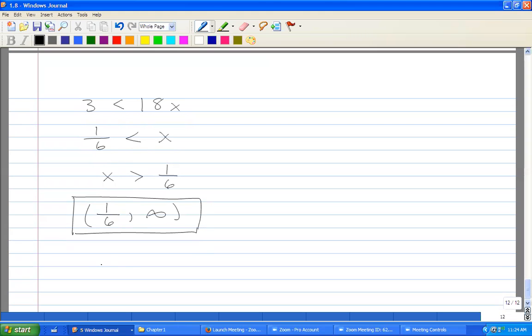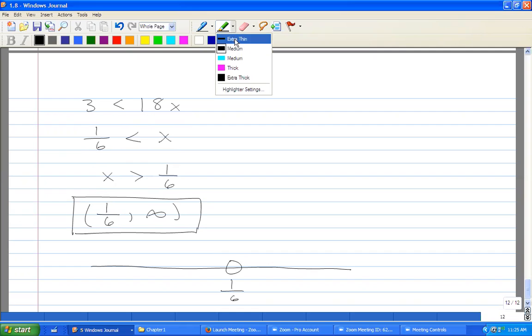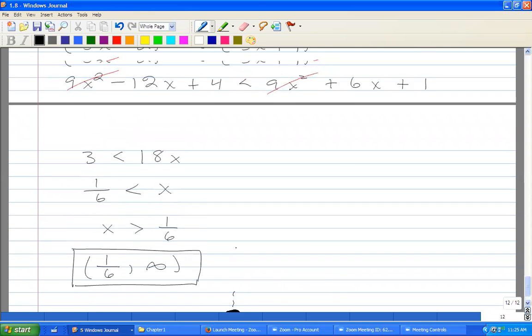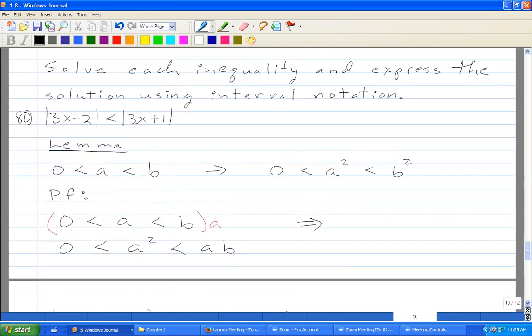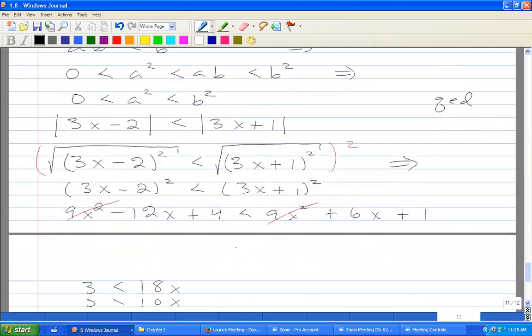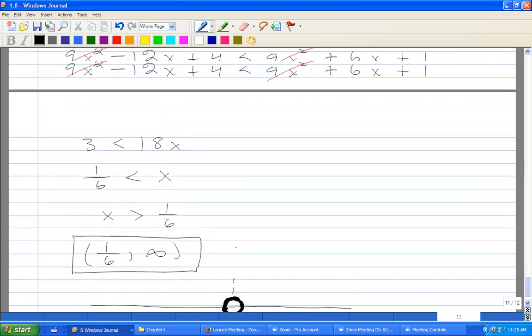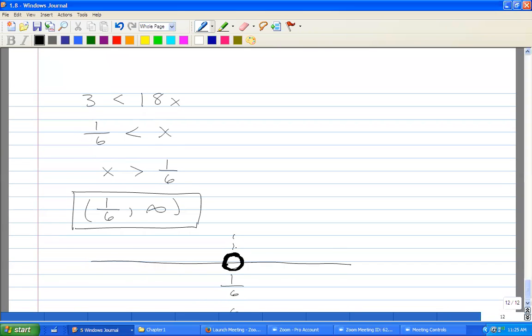And so let me draw this on my interval. So this is 1/6. Notice that if x is greater than 1/6, this is really the only critical number.